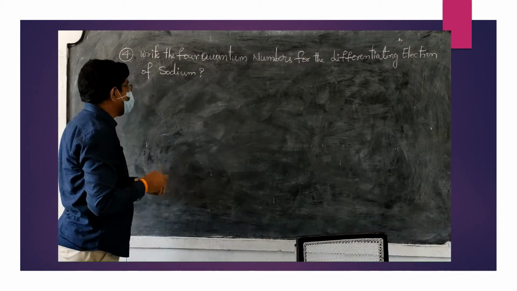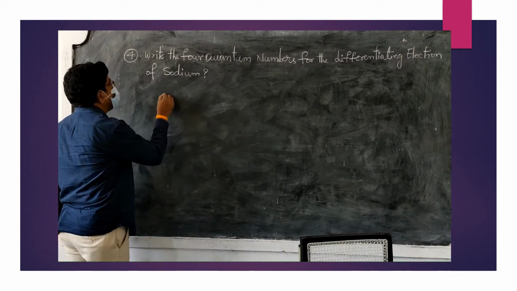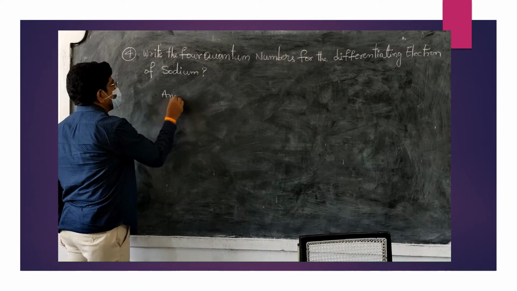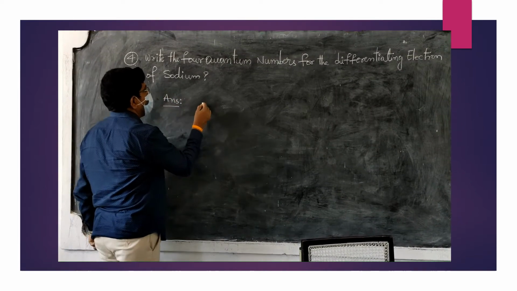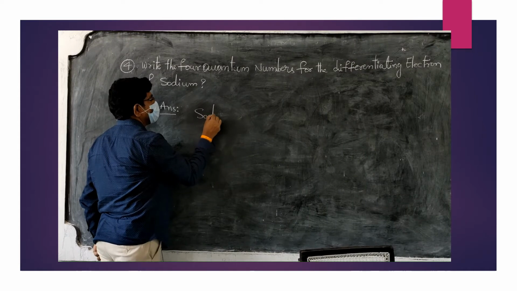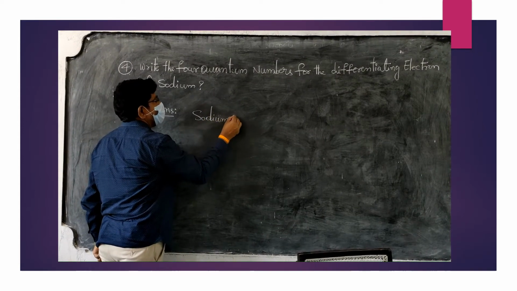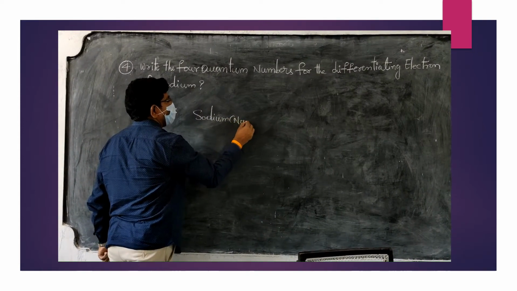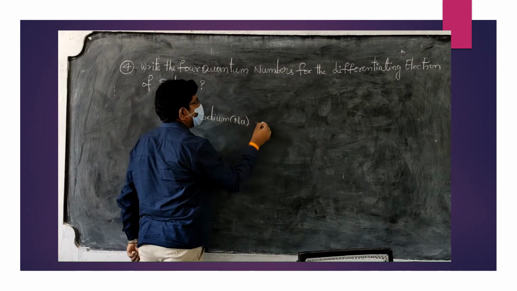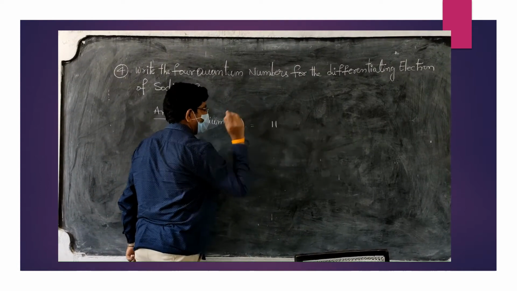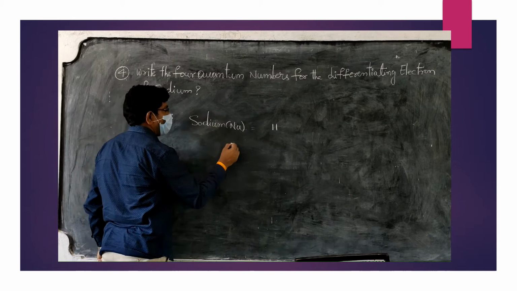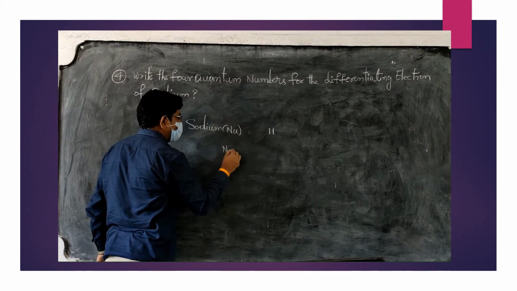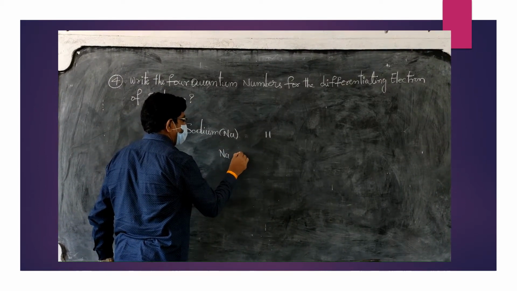Now what is the symbol of sodium? The symbol is Na. Atomic number 11. Now how are these 11 electrons filled in the various atomic orbitals of sodium?